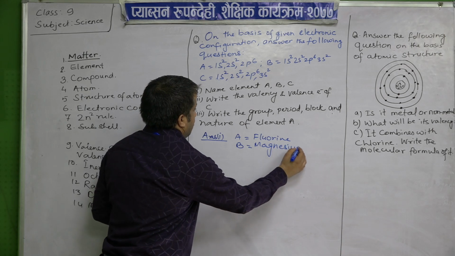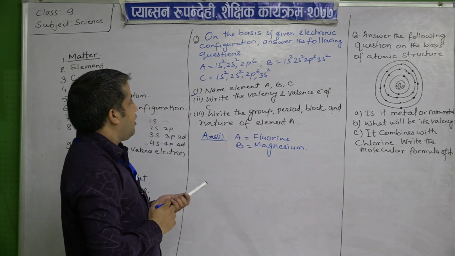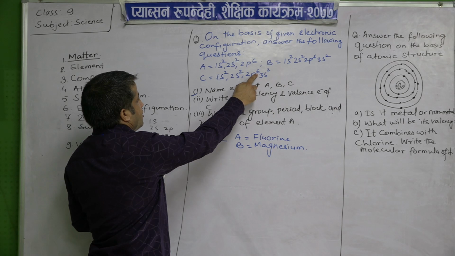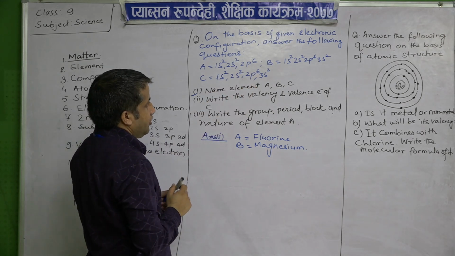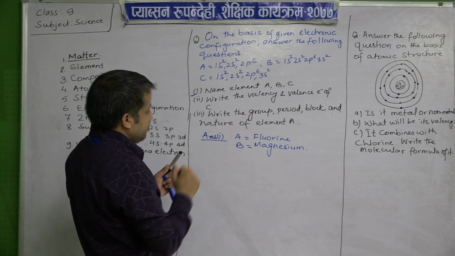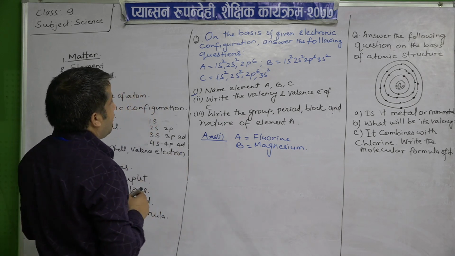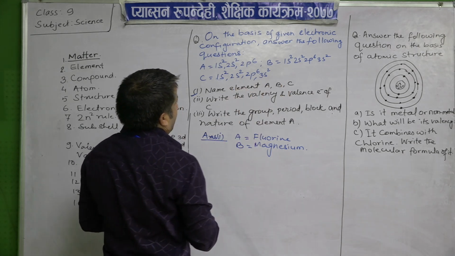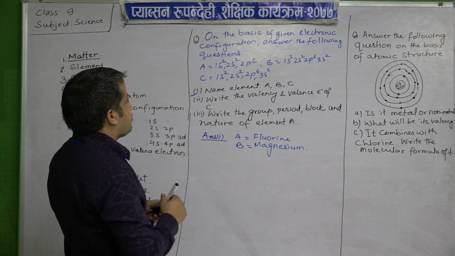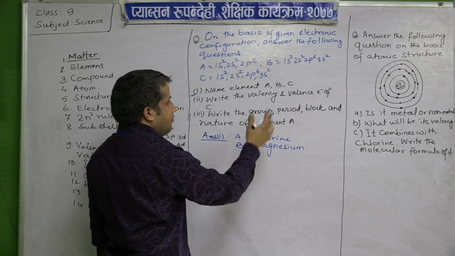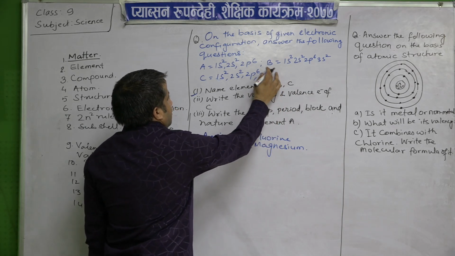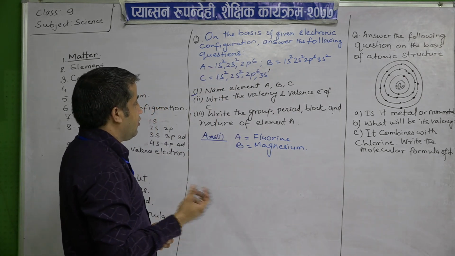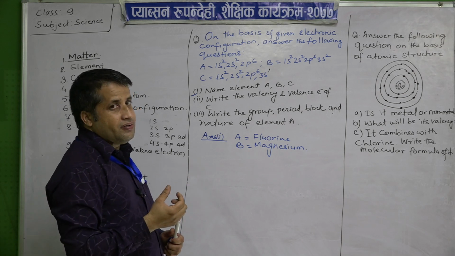And at last element C: 2, 4, 6, 10, plus 2 is 12. It is given the same as B. But suppose 3s1 is there instead.